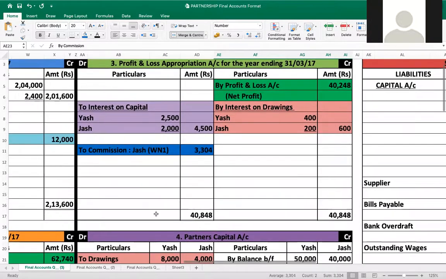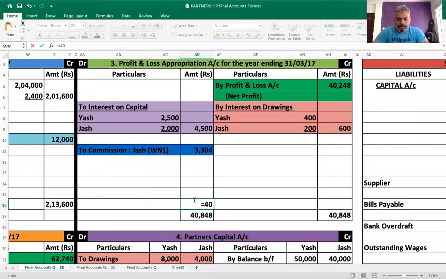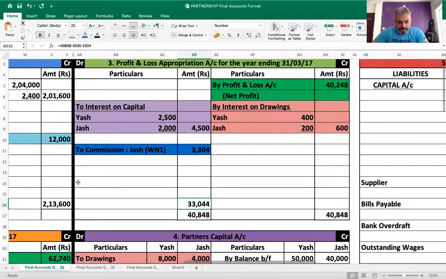Next, we now find out the net divisible profit, which is 40848 minus 4500 minus 3304. So 33044 is the net divisible profit.